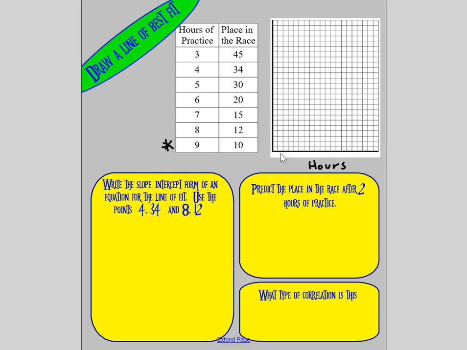So let's start at 0, and every 2 squares will go 1 hour. And then we have place in the race, which, if we look, the biggest place we need to get to is 45th place. So we'll say place, and every 2 squares will go 5 places.